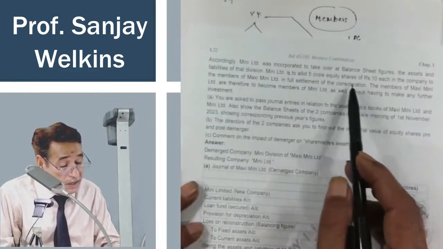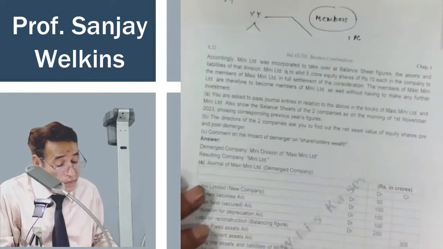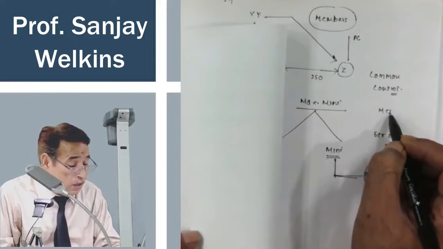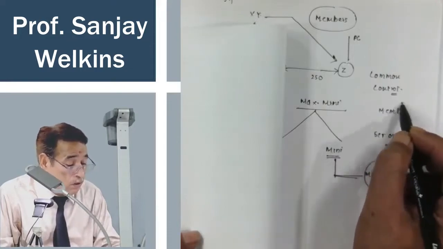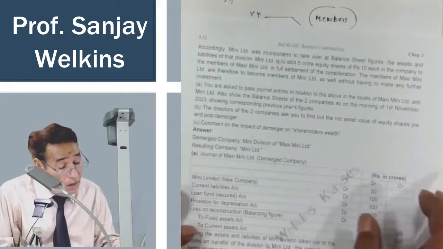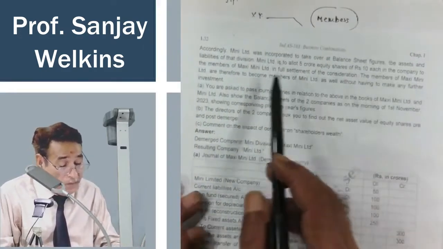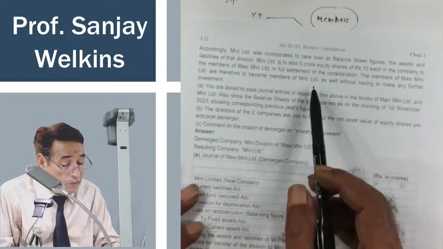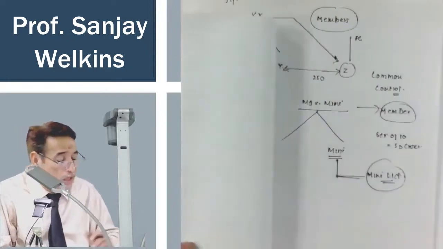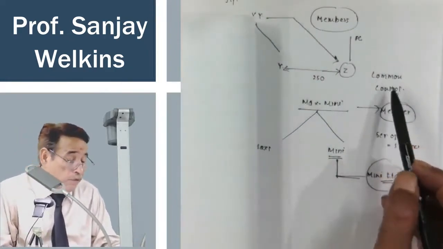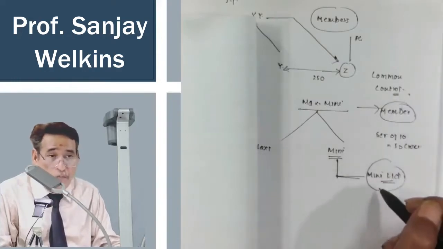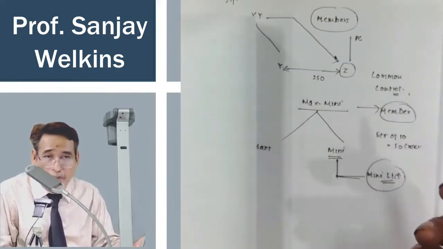And this consideration is given to the members of Maxi Mini Limited in full settlement of the consideration. Consideration is being given to members of Maxi Mini Limited, correct? The members of Maxi Mini Limited are therefore to become members of Mini Limited as well without having to make any further investment. Quite obviously, when members get the shares, they will also become members of this new company, and they need not invest anything out of their pocket.